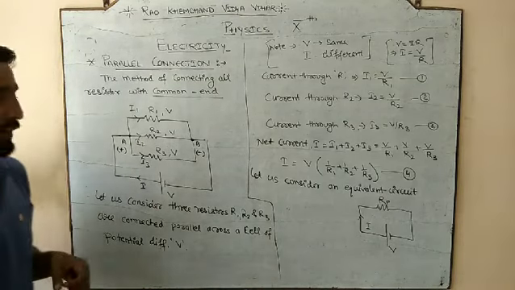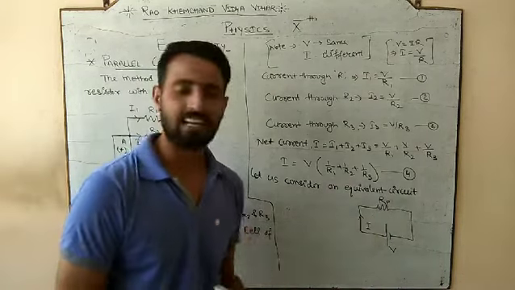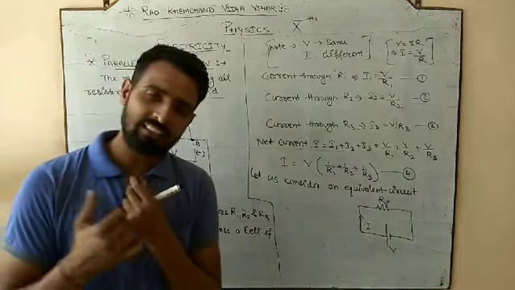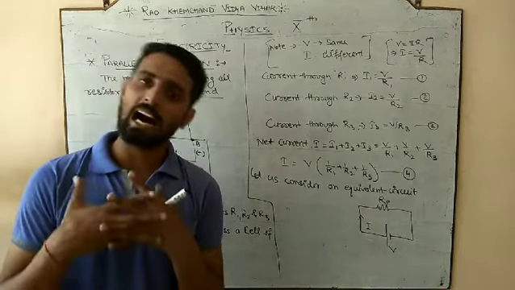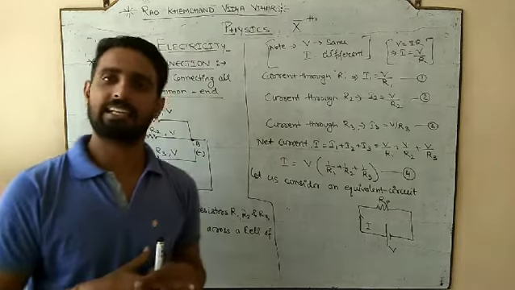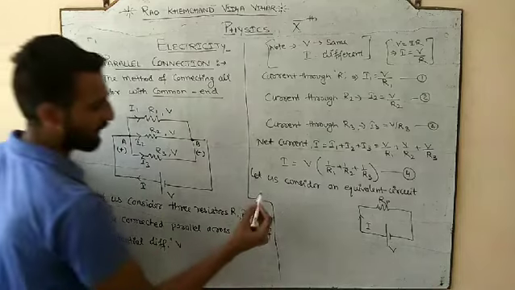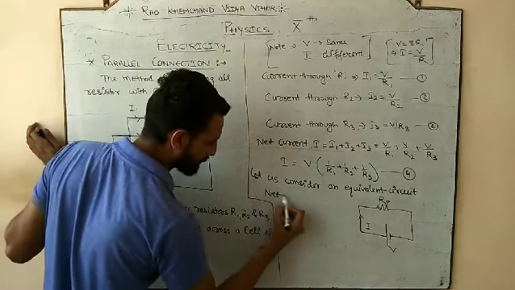But here we have taken the resistance as Rp because we are dealing with parallel. Previously we took the symbol Rs because we were dealing with series. So these are only symbolic representations. So here, what is the net current?